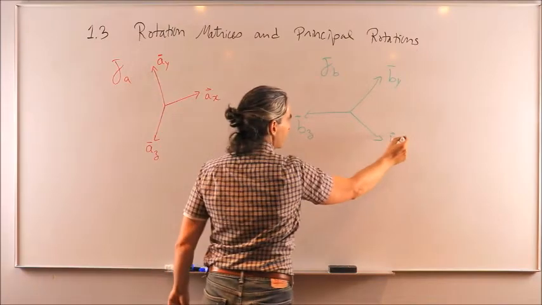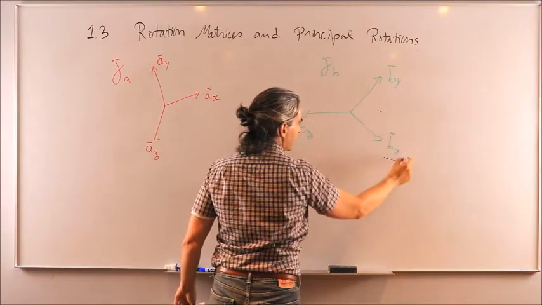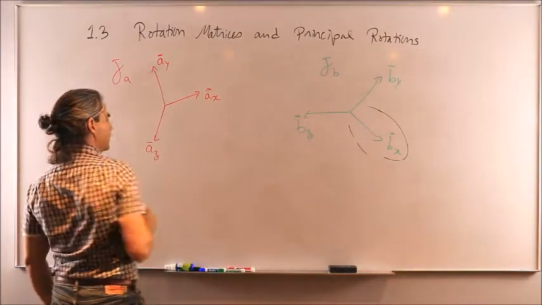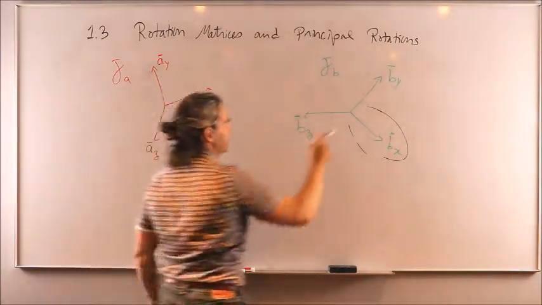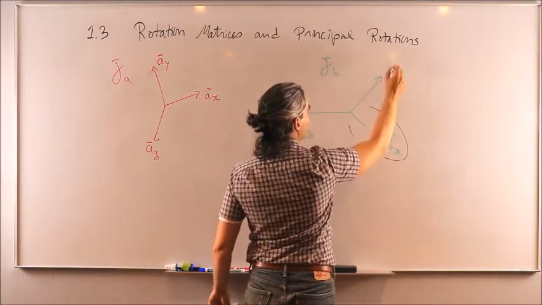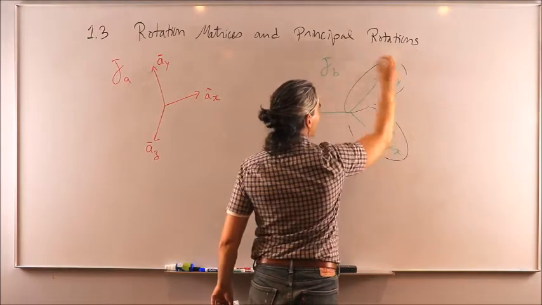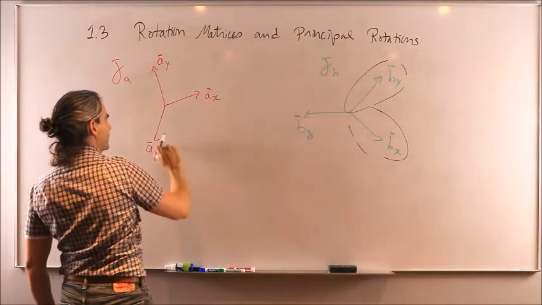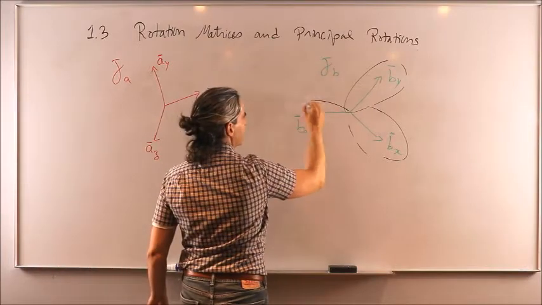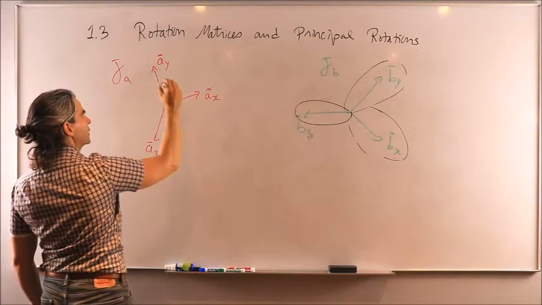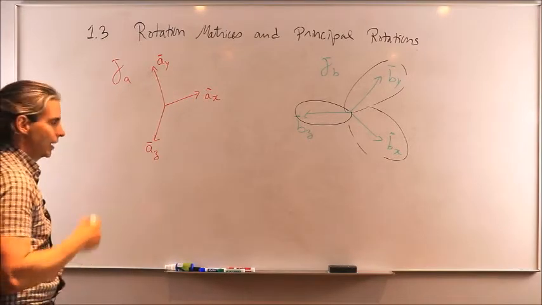But this particular vector here, Bx, can also be written in terms of Ax, Ay, and Az. Similarly, this vector, which happens to be a unit vector of another reference frame, is still just a vector, and can also be expressed in terms of Ax, Ay, Az, and same thing for Bz. So that's what we're going to do.